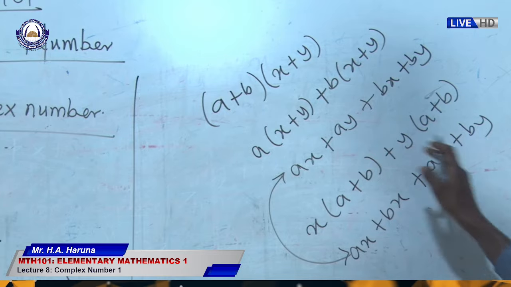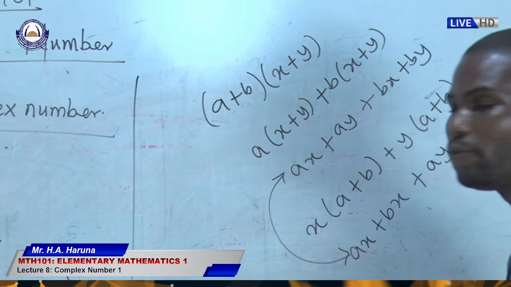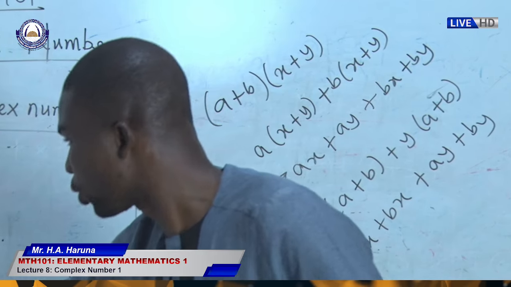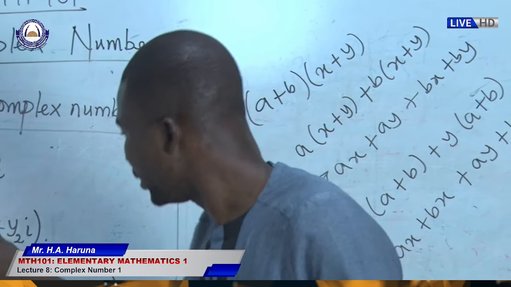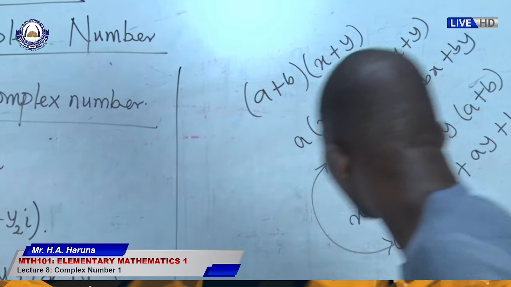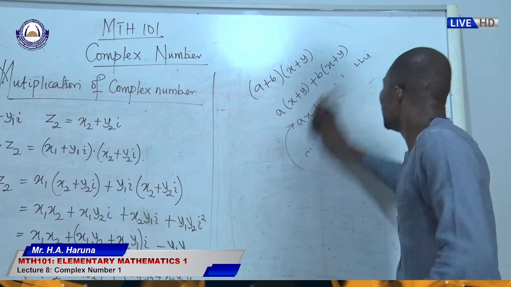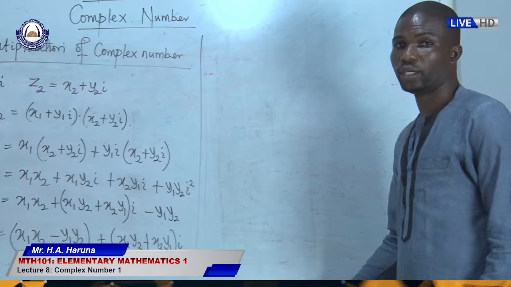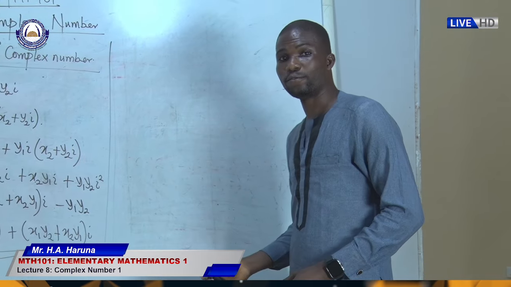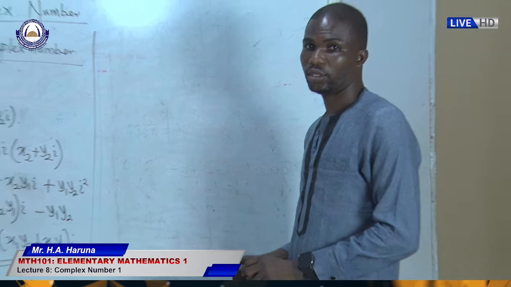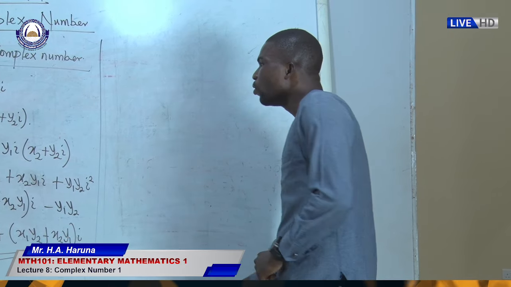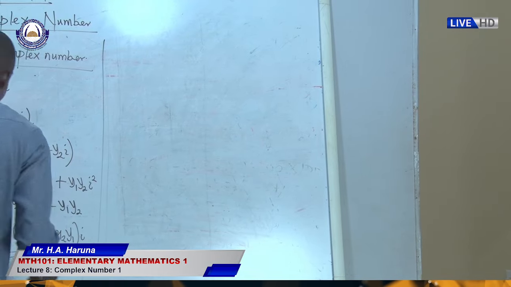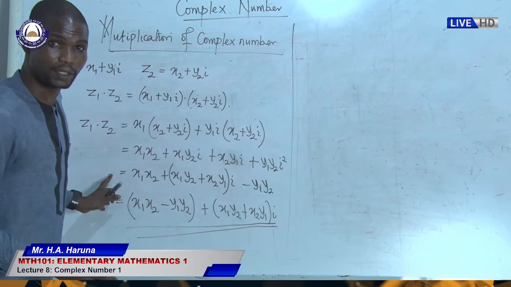So if you distribute this over this, it's correct. If you distribute this over this, it's also correct. That is why we say in mathematics, multiplication is commutative when you are dealing with addition. But be careful when you are dealing with subtraction, it is not commutative. So let's now take an example on this.